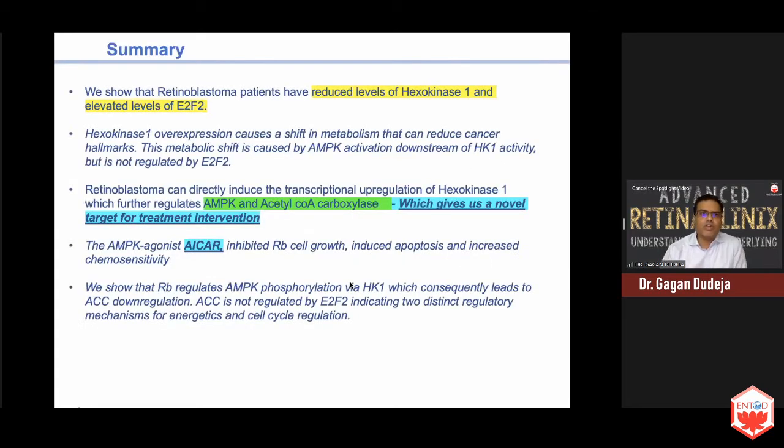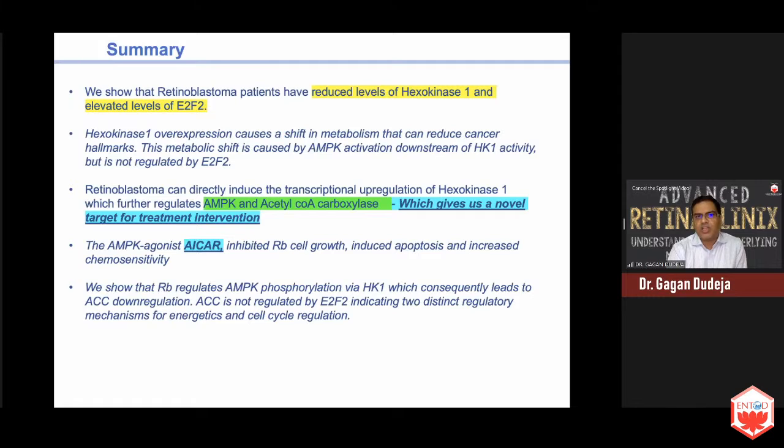So in summary, what we discovered is that retinoblastoma patients have reduced levels of hexokinase 1 and elevated levels of E2F2. Hexokinase 1 overexpression causes a metabolism shift, which can reduce cancer hallmarks. This is caused by AMPK activation downstream, but it's not regulated by E2F2, but by LPK1.